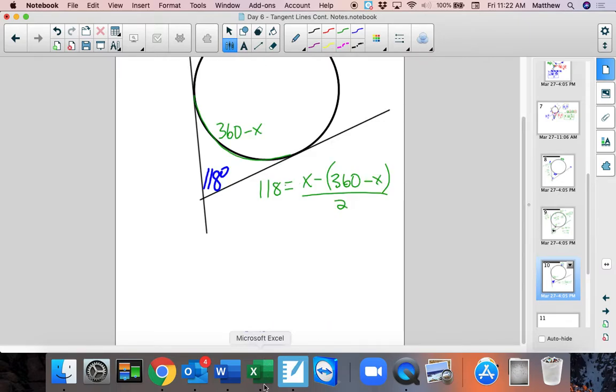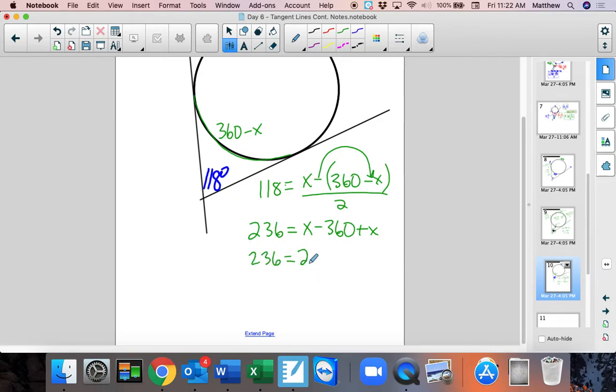So if I extend my page, will that work? I'll look at that. 118 times 2 is going to be 236 equals x minus 360 plus x. Remember, negative times a negative is a positive. So now I've got 236 equals 2x minus 360.